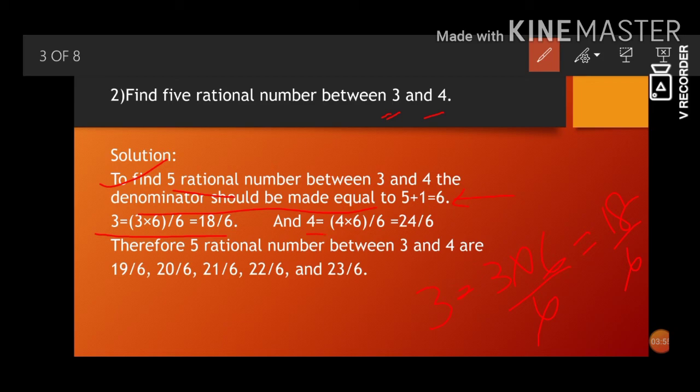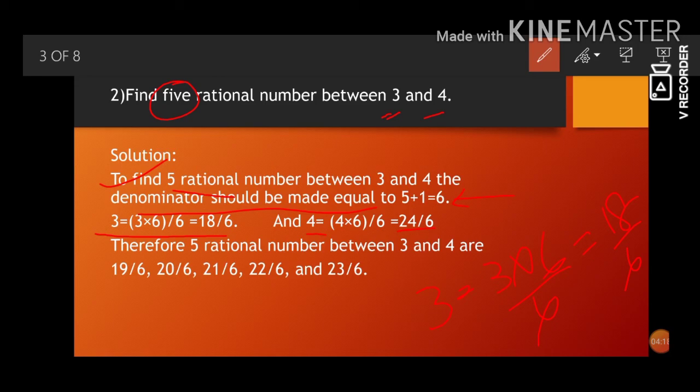Similarly, 4 can be written as 24 by 6, because we are going to multiply by one more than the required number of rational numbers we have to find. Here we have to find 5 rational numbers, so one more than 5 is 6. So we will multiply the number 4 in the numerator as well as in the denominator with 6. So we will get 24 by 6.